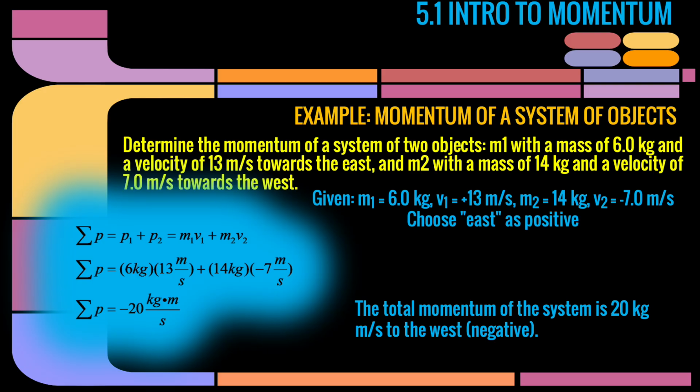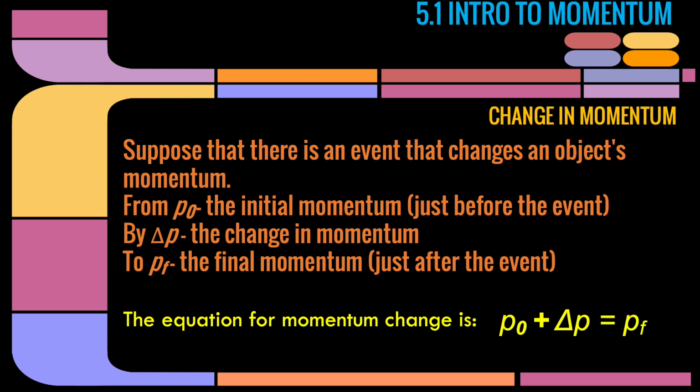So that's great. We figured out how to calculate momentum and we see what that looks like. But like we talked about in energy, sometimes the change is more important. Suppose there's an event that changes an object's momentum. We have the initial momentum, p naught, just before the event, and delta p is the change in momentum, of course.